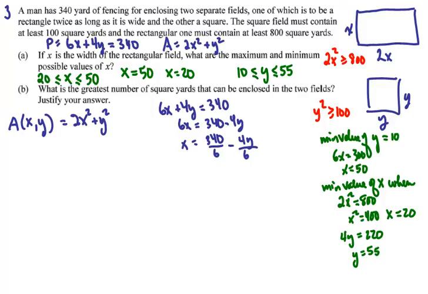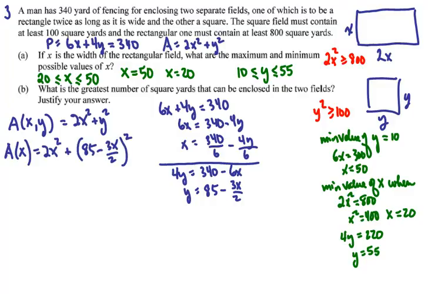Now that's okay, but it's not as nice as if I had solved for y in this case. And if we had solved for y, we would have gotten y equals 85 minus 3x over 2, and that's what I'm going to use. And when I substitute in, I get area only in terms of x: 2x squared plus the quantity 85 minus 3x over 2, quantity squared. And we'll start from there in the next video.